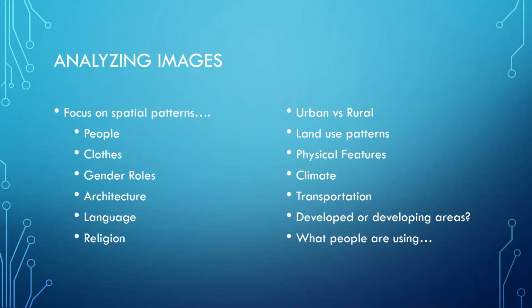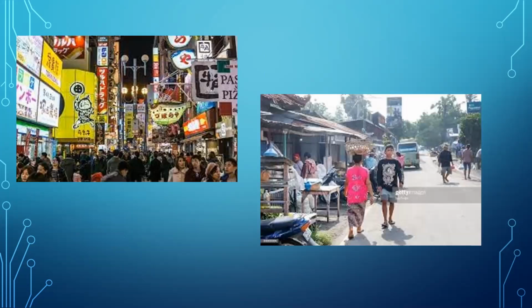Is it urban or rural? What are the land use patterns, what are the physical features there, what's the climate like? Can you tell what the transportation is there, communication? Is it a developed or developing area? What are people using in that area? Can you tell they're using phones, can you tell they're wearing coats, shorts? What are they using? Okay.